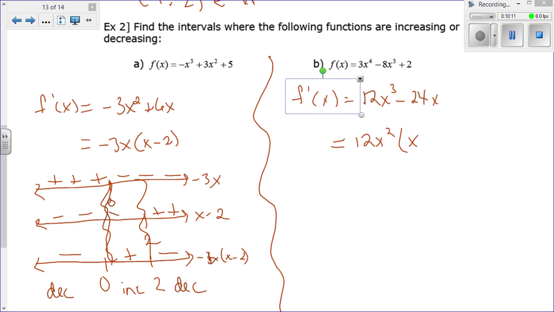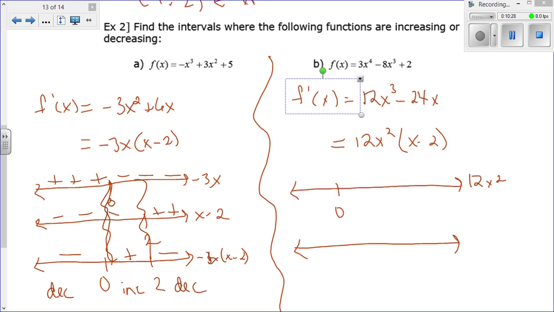I'm left with x minus 2. So my first number line is going to be for 12x squared, and that's equal to 0 at 0. And then I have x minus 2, and that's equal to 0 when x is 2.